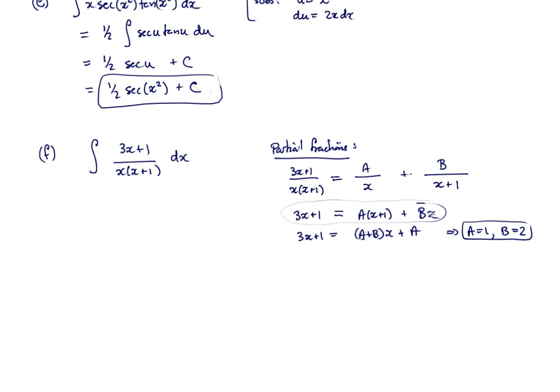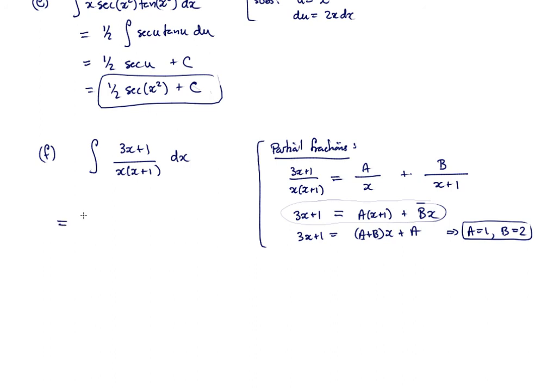So -2 is negative b, or b is 2. So that was the other way you can pick out what a and b have to be. You can either write down the polynomial of the left side and the right side and compare coefficients, or you can pick some values of x, which gives you a way to eyeball what the a and b have to be.